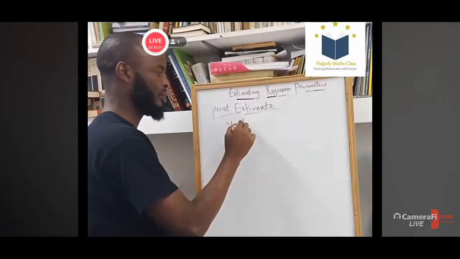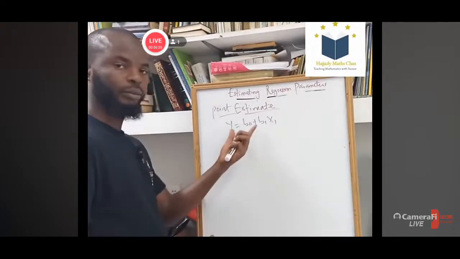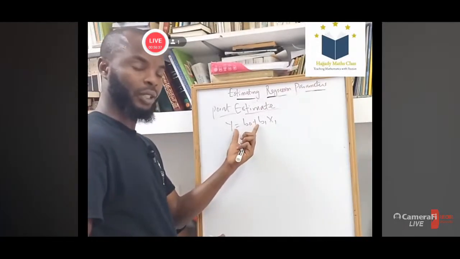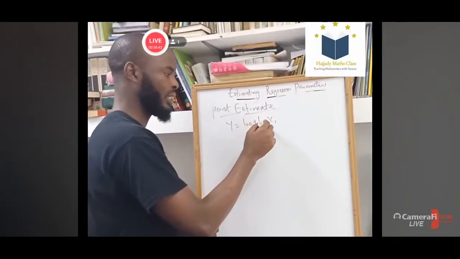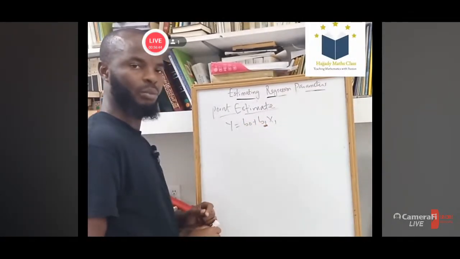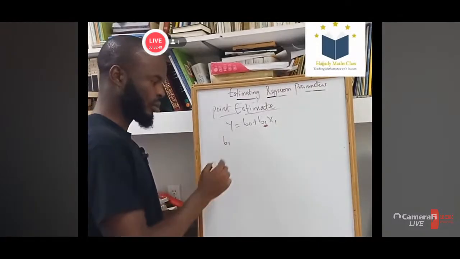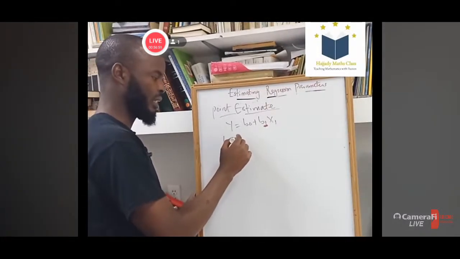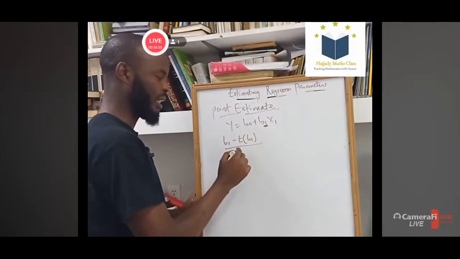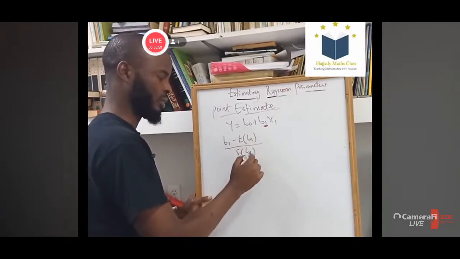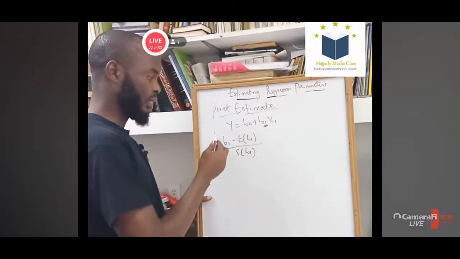For instance, we have b naught plus b1 x1. This is the general form of a linear regression. So for instance, you are interested in estimating b1. The general form is very easy, which is your b1 minus the expectation of your b1 over the standard error of your b1. That is just the general form.